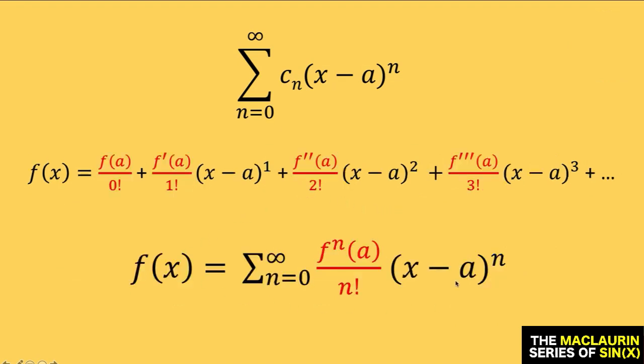And so we can now come up with a formula. Our formula now for the expansion of the power series is the summation from n equals 0 to infinity of f^(n), where n is the order of differentiation, at the constant a over n factorial times the binomial, the quantity x minus a raised to the n power.